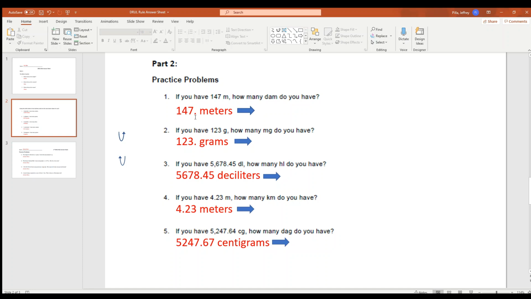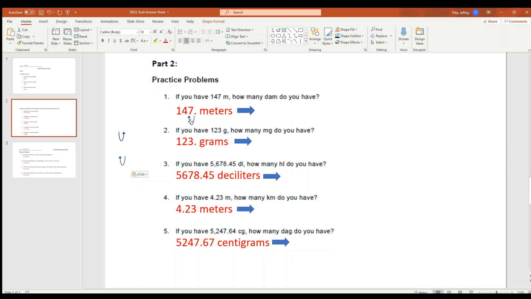So now we know that we're moving up the staircase from meters to decameters, so we're moving our decimal place to the left. How many times are we moving it to the left? In order to go from meters to decameters, you're moving up 1 step. Because we're only moving 1 step, we're going to move our decimal place to the left once. I'm going to use these arrows on the side to show you the movement of that decimal.